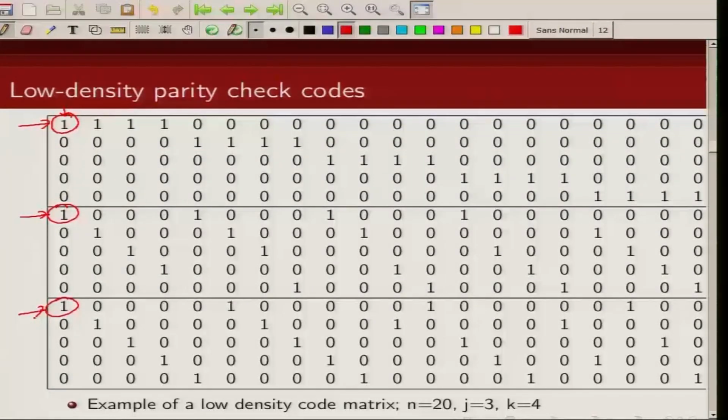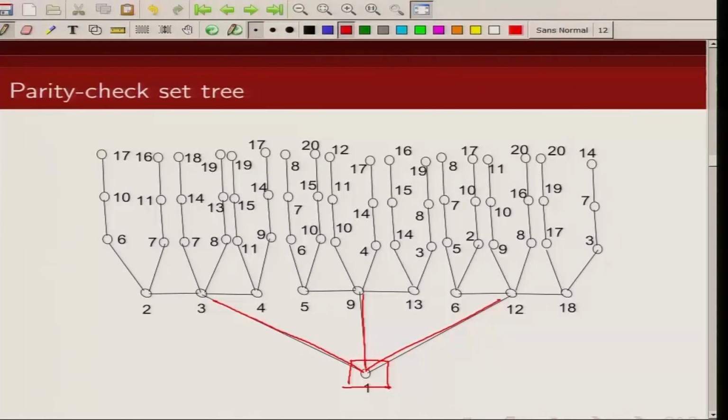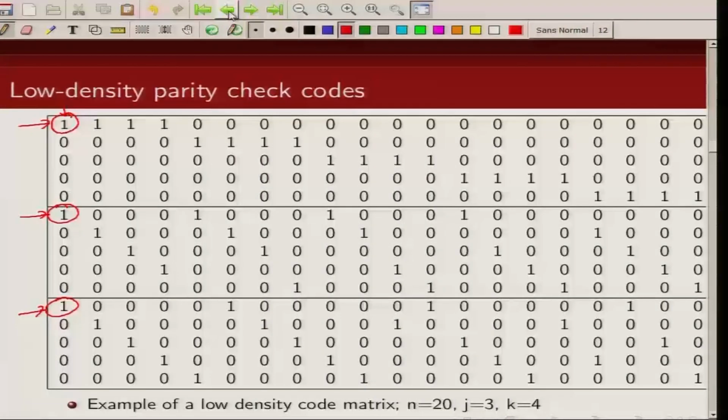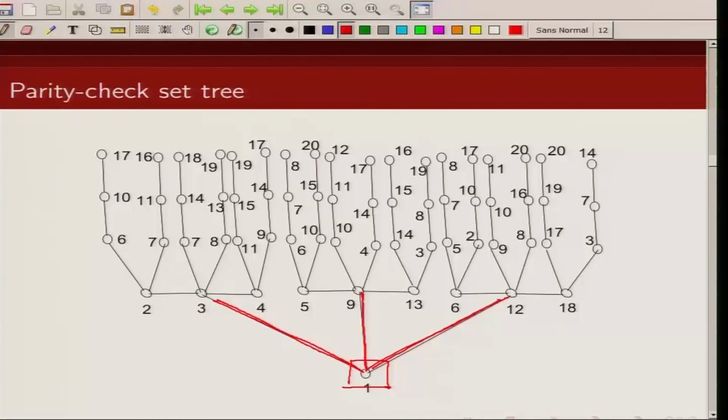So, there is one line corresponding to each of these parity check equations. In this parity check equation you can see which are the other bits participating: bit number 2, bit number 3, bit number 4. So, how did we write that? The other bits that are participating in the parity check constraint are written like this.